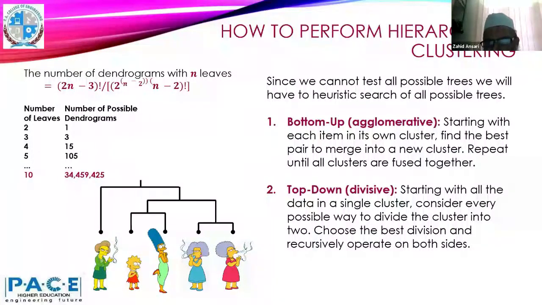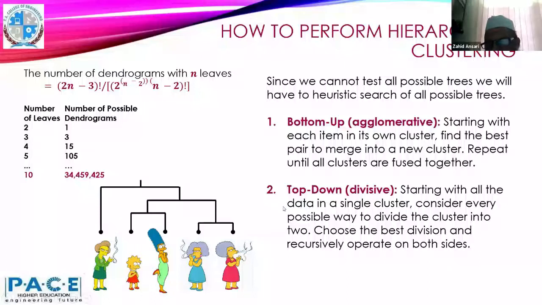So there are two approaches. One is the bottom up approach, agglomerative. Starting with each item in its own cluster, every individual item is a cluster. Find the best pair to merge, the ones which are most close, and merge them to form a new cluster. Repeat this process until all the clusters are fused together, and we result in a single cluster. This is the bottom up approach.